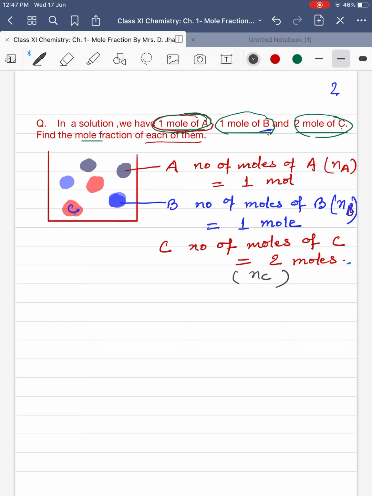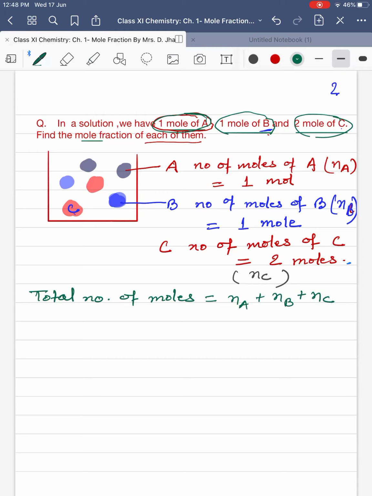So the total number of moles is equal to Na plus Nb plus Nc.